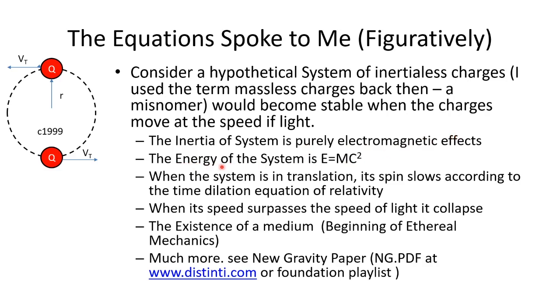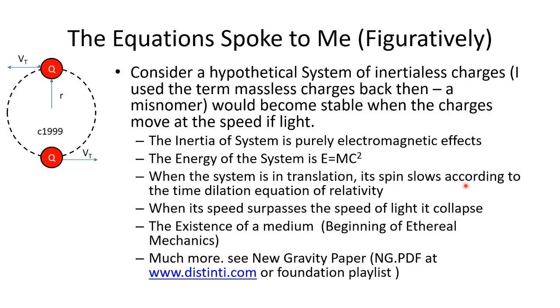The energy of the system is E equals mc squared. When the system's in translation, it spins and slows according to the time dilation. And then when its speed surpasses the speed of light, it collapses, which gives us the mechanism whereby black holes form. And it proves, it is exquisitely saying that there has to be a medium.